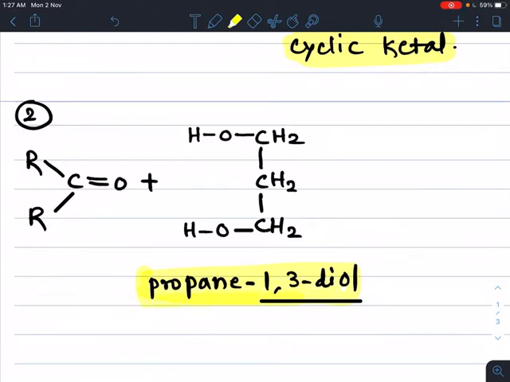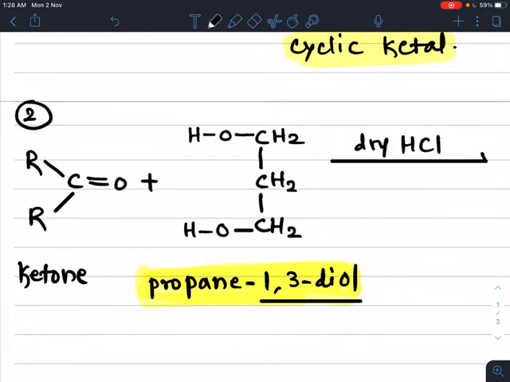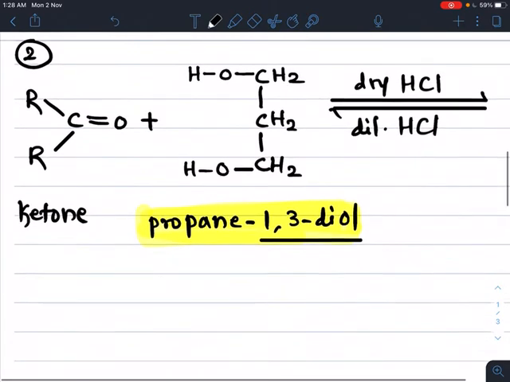So any ketone treated with 1,3 diol gives a reversible reaction. The forward reaction takes place in presence of dry HCl, meaning hydrogen chloride gas, and the reverse reaction takes place in presence of dilute HCl, meaning aqueous hydrochloric acid.